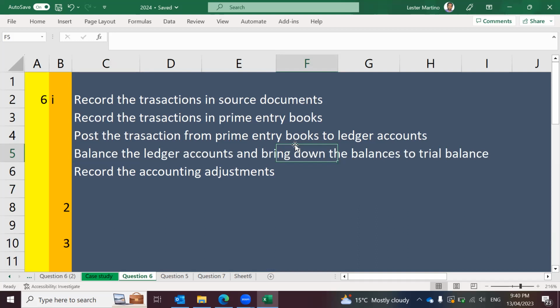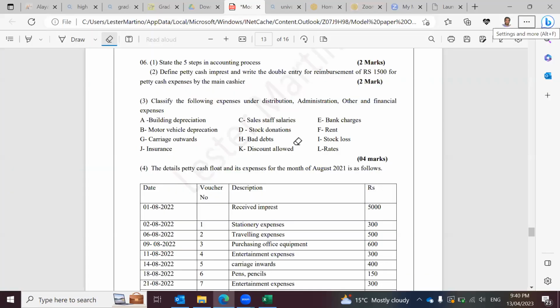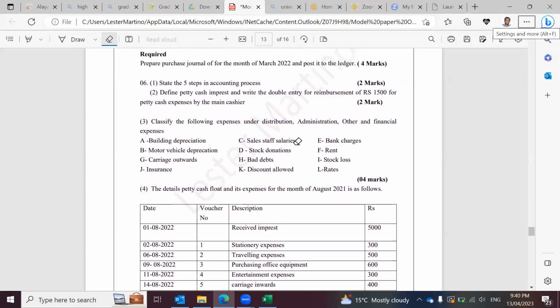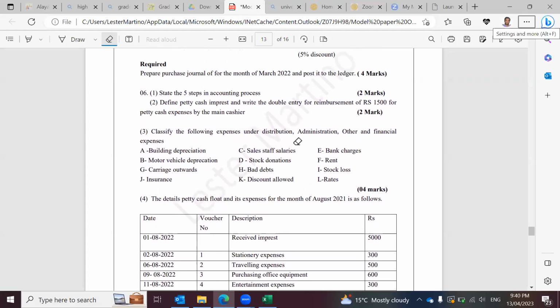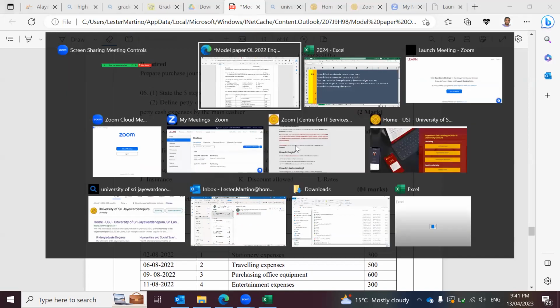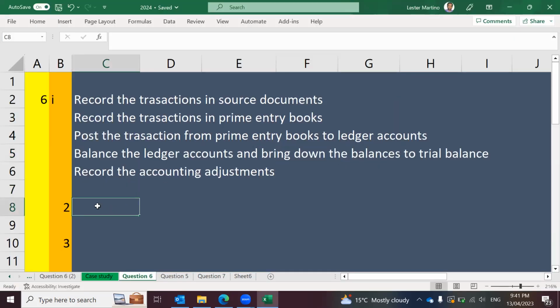Right, number 2. Define the petty cash imprest and write the double entry for reimbursement of 1,500 petty cash expenses from the main cash. Amount allocated to petty cash expenses.